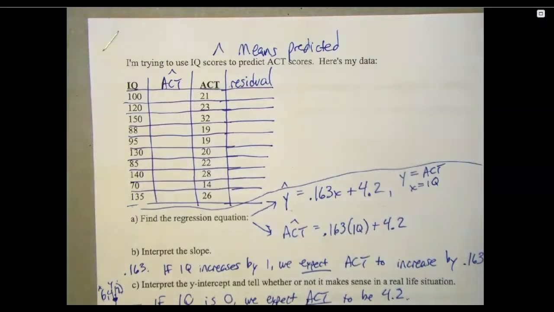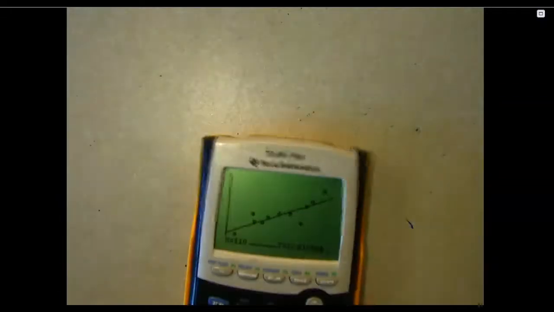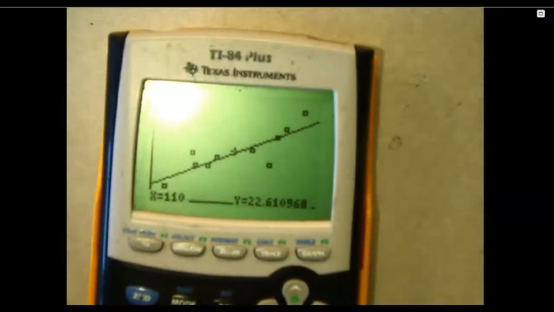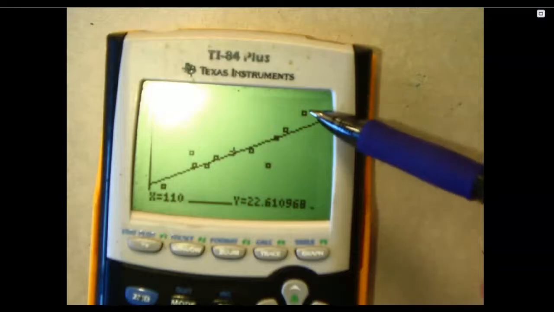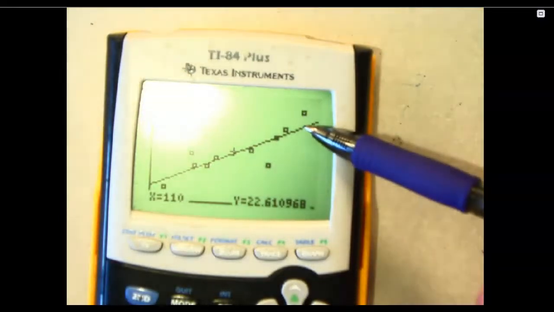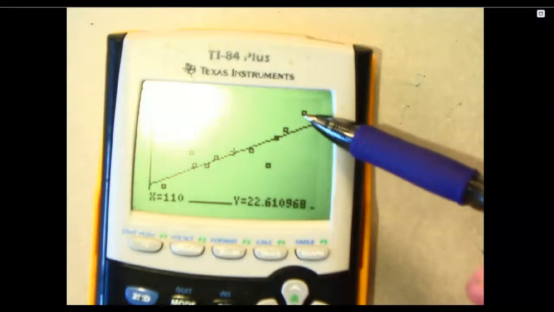All right, so the residual is the distance above or below the line. So like this person here, at the very end, the equation would have predicted that they got this score, whatever this y value is on the line. They actually got this score. So did they do better or worse than we would have predicted? They did better. That's a positive residual because they are above expectations.